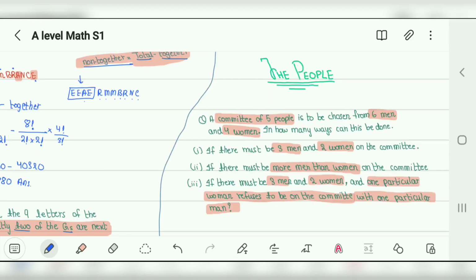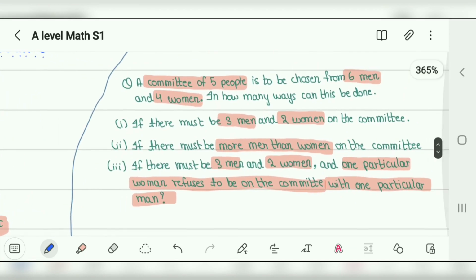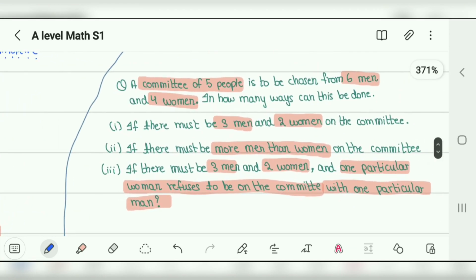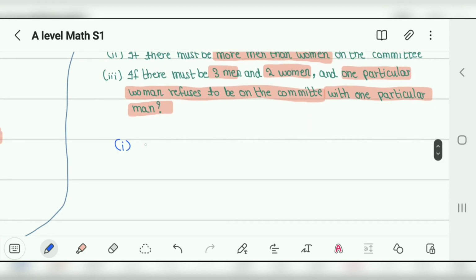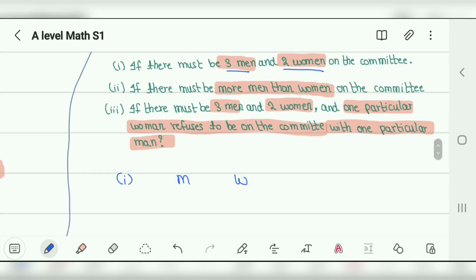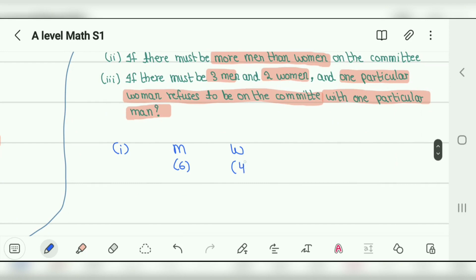Okay, now we have these type of questions. This is the last part. A committee of 5 people is to be chosen from 6 men and 4 women. In how many ways can this be done if there must be 3 men and 2 women on the committee? Okay. So this is part 1 and it says man and woman, and there are 6 men and 4 women.